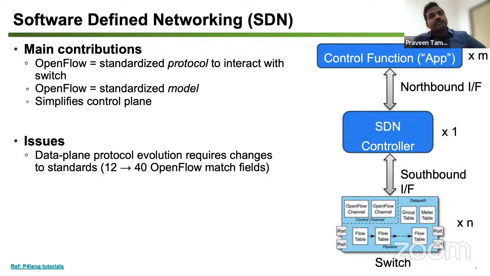When the OpenFlow standard was initially designed, there were only 12 header fields, and subsequently it went through multiple versions, and now there are up to 40 different match fields.